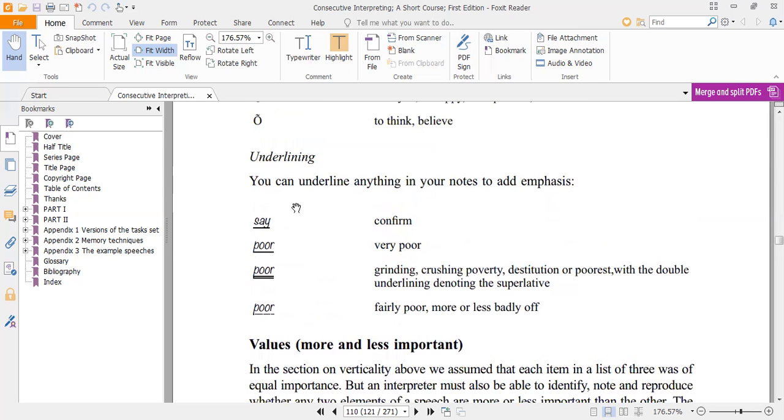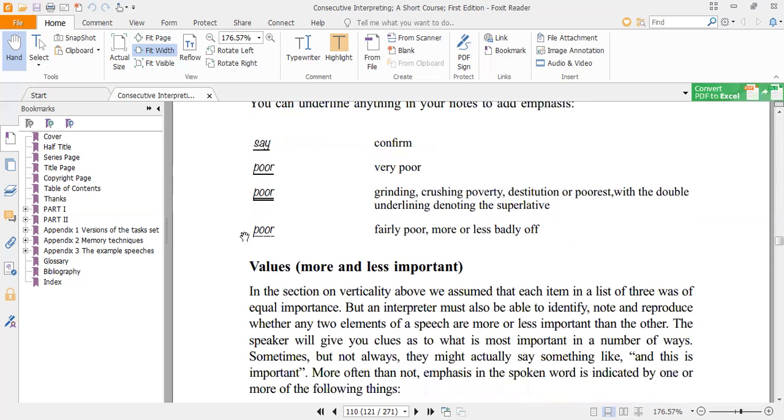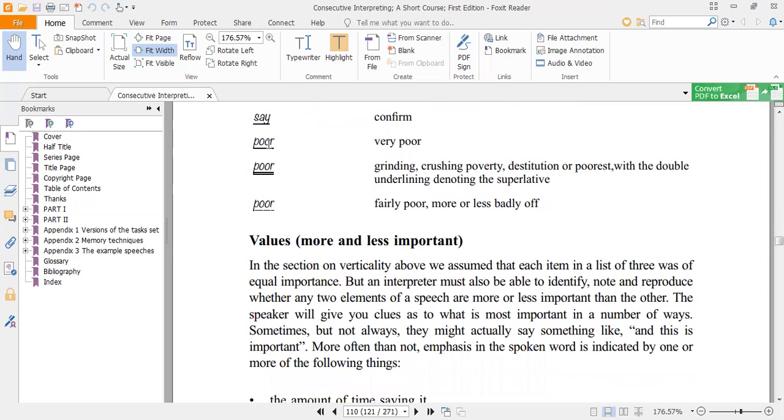Now, if the idea is very important, to emphasize this idea, we can draw a line. As you see, we draw a line under the verb say, that means this is very, very important, to put more emphasis.